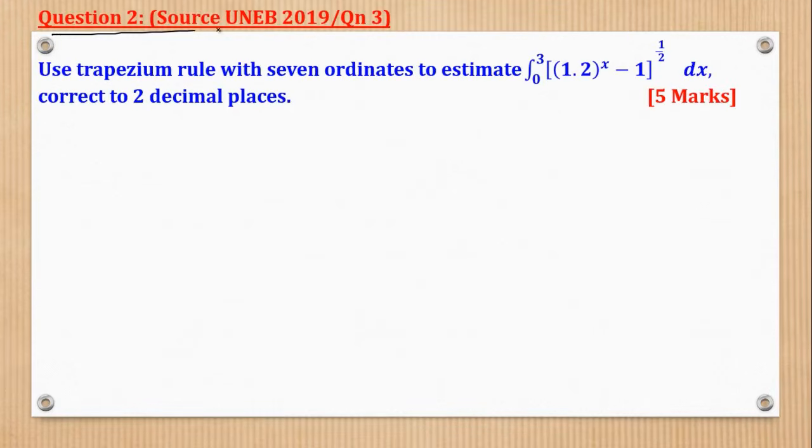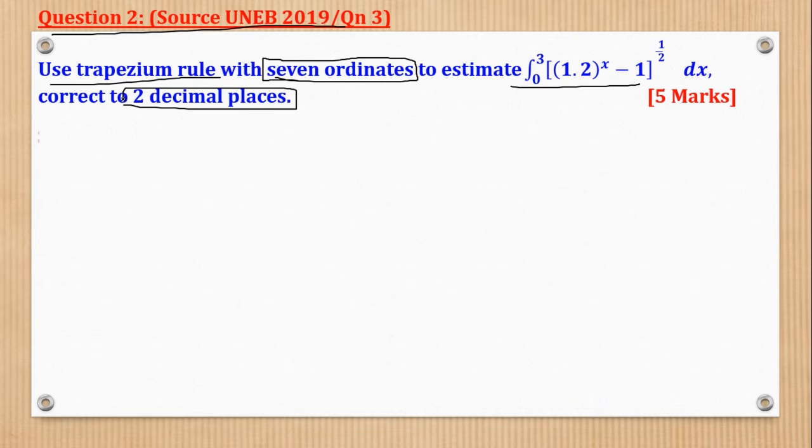So now we shall go to question 2, which came from UNEB 2019 paper 2 question 3, and says use trapezium rule with 7 ordinates to estimate this integral correct to 2 decimal places.